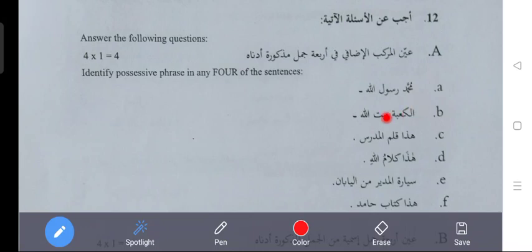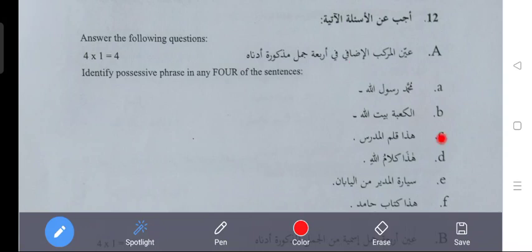Bait and Allah, these two nouns fulfil the rules of possessive phrase. So Baitullahi is the possessive phrase. We have to write Baitullahi in the answer sheet, then beside Baitullahi write Al-Murakkab Al-Izafi.